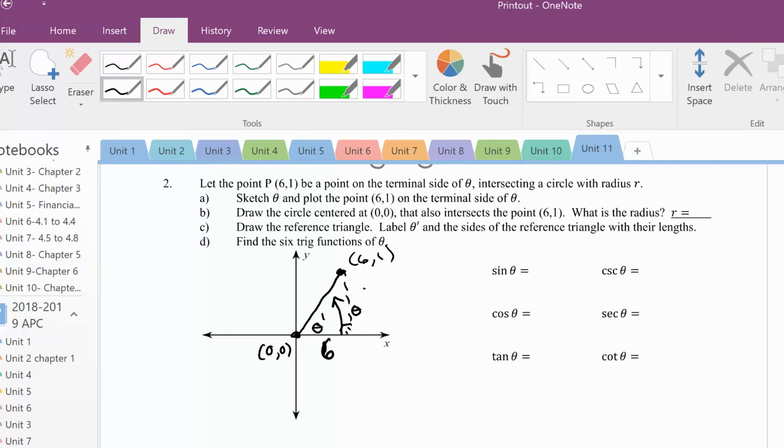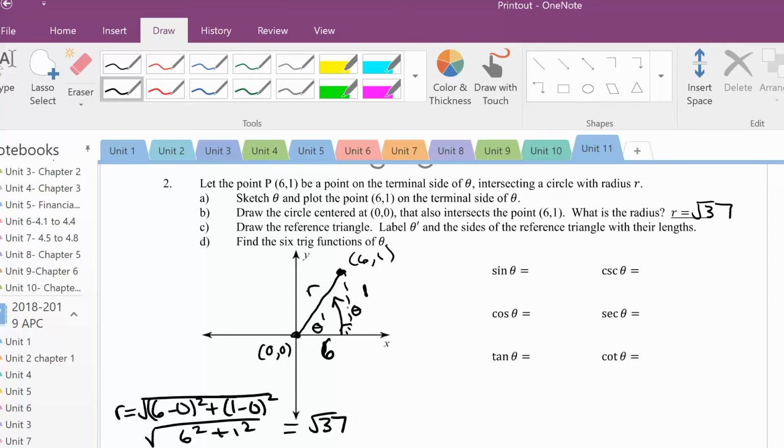Here's 6. So to find r, r is equal to the square root of (6 minus 0) squared plus (1 minus 0) squared using the distance formula. So the square root of 6 squared plus 1 squared is equal to rad 37.